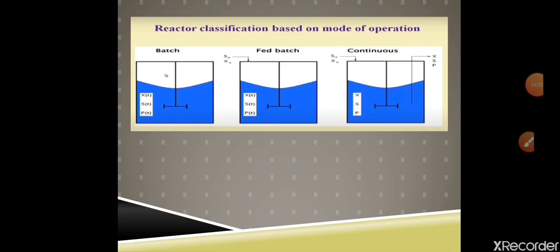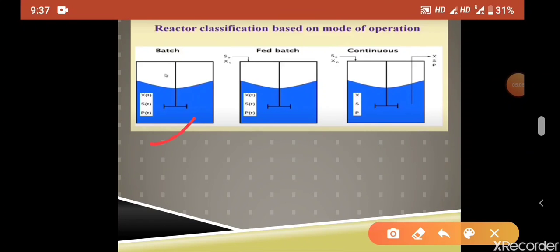Now these reactors can be schematically represented like this. In the batch reactor, we take the substrate at a time, let the reaction take place, and then in the fed batch we keep on feeding the substrate in a batch pattern, and when the reaction volume reaches its maximum, then we stop the operation and take out the product.